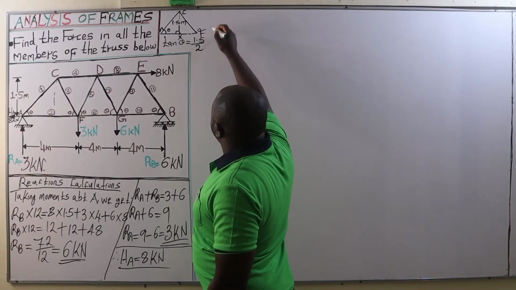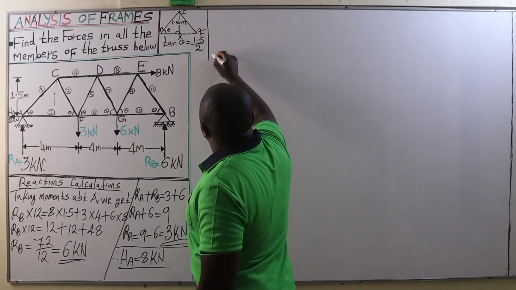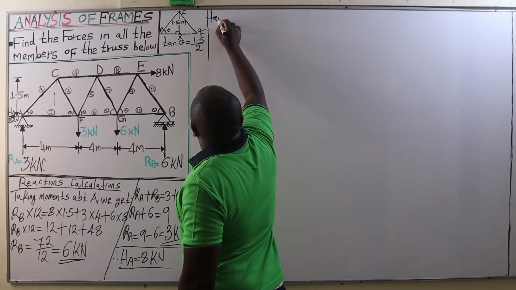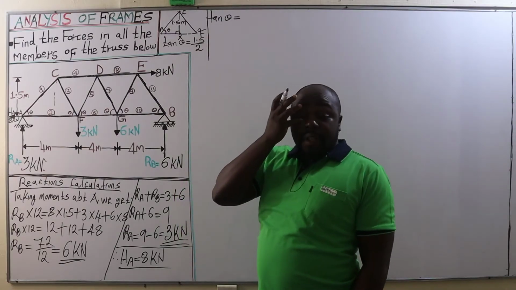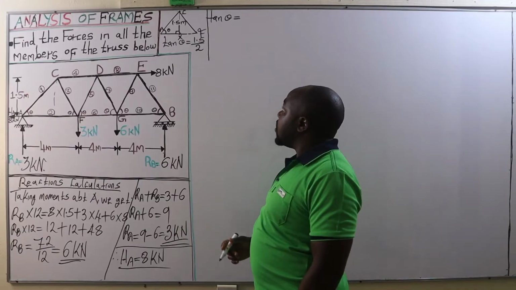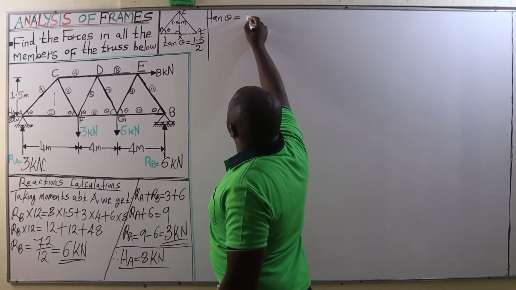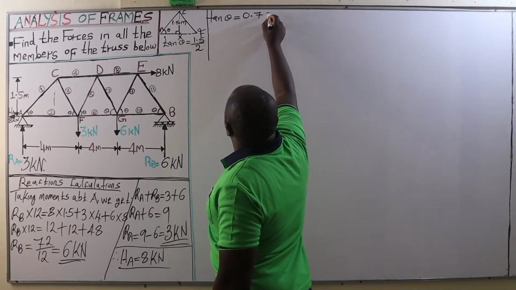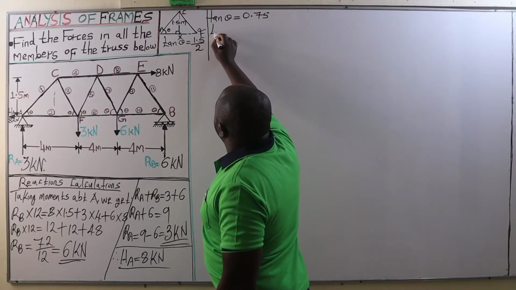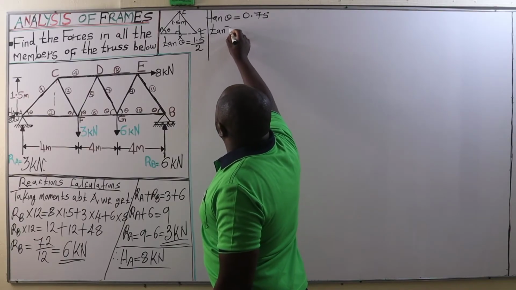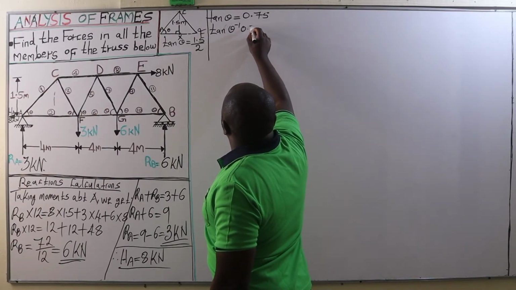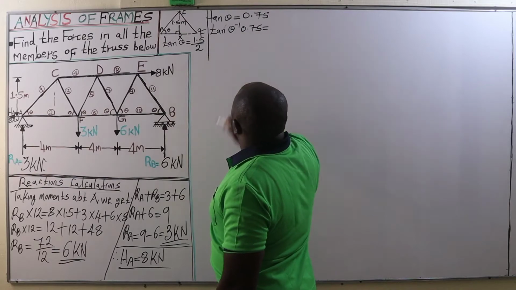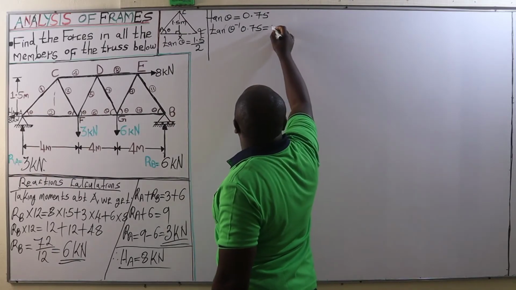Therefore, tan theta is 1.5 divided by 2, that's 0.75. The tan inverse of 0.75 is 36.87 degrees.